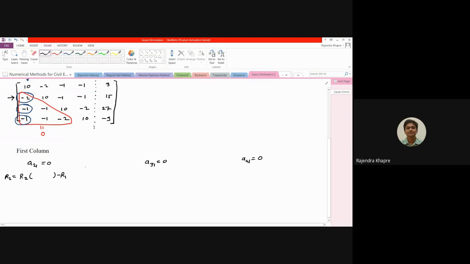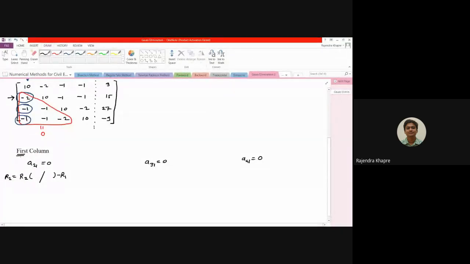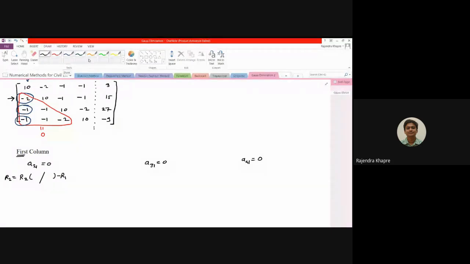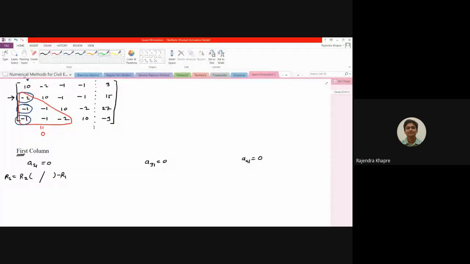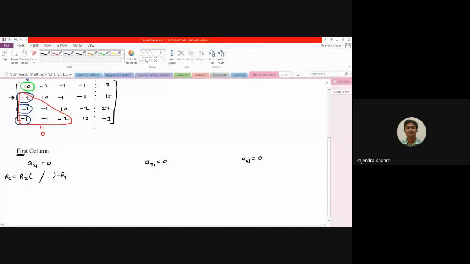Now this factor has to be calculated correctly. The simplest way of understanding this factor is, if you are operating the first column, you have to choose the element of the first column which is in the diagonal. So diagonal and first column, this is 10.